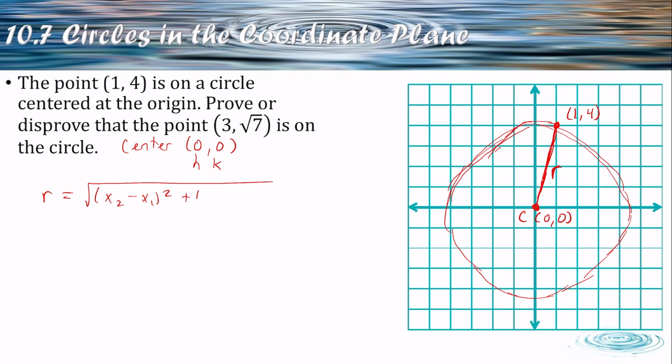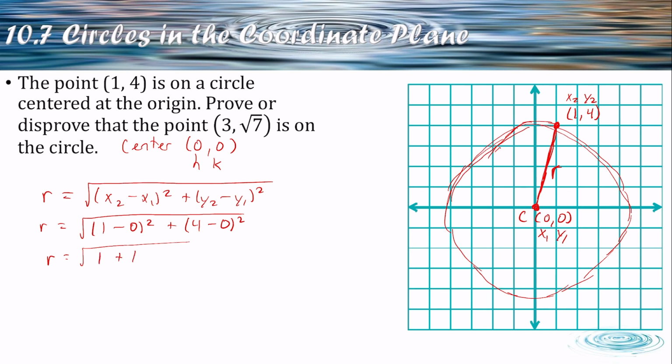(x2 - x1)² + (y2 - y1)². We'll let the center be (x1, y1), and the other point be (x2, y2). x2 is 1, x1 is 0, y2 is 4, y1 is 0. So I'll have 1 squared and 4 squared, which means my radius is the square root of 17.